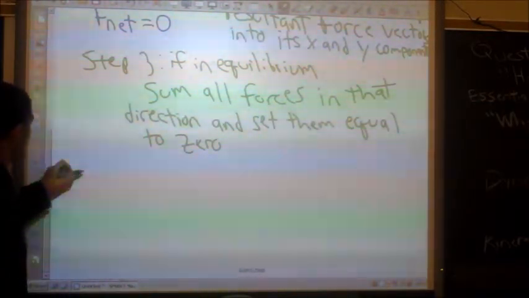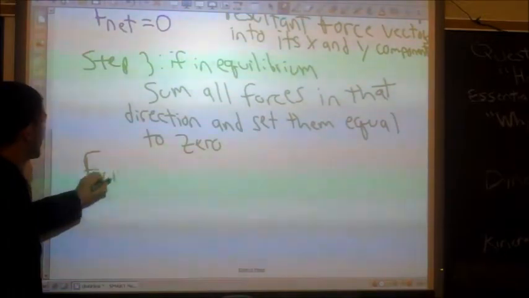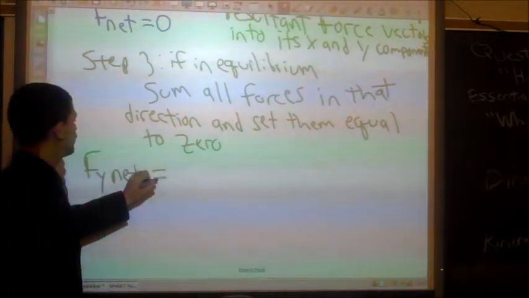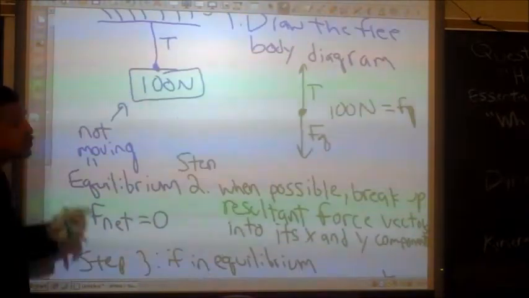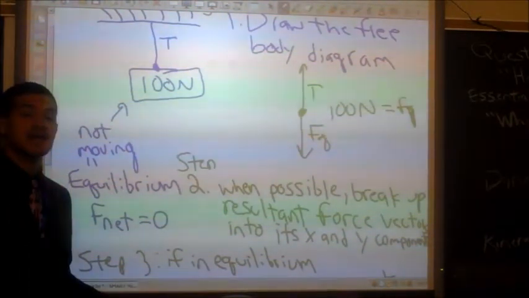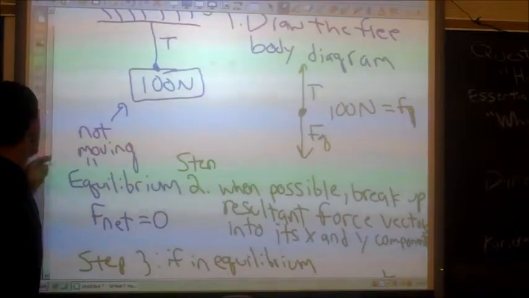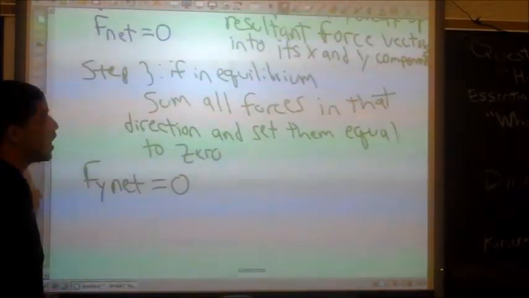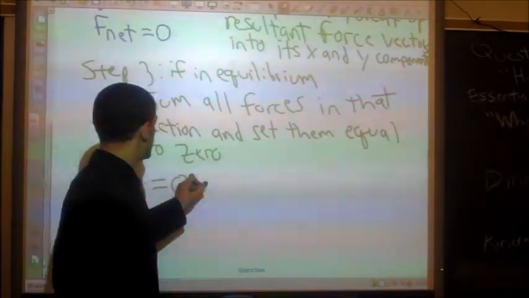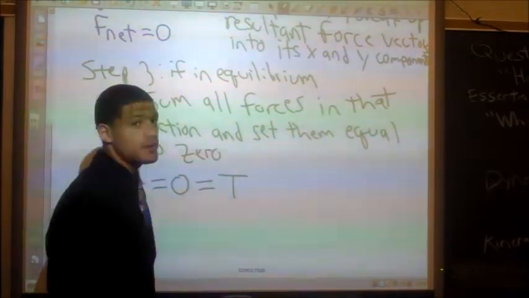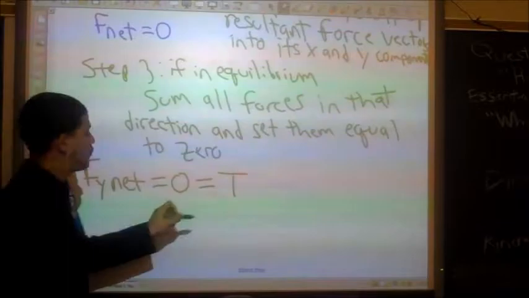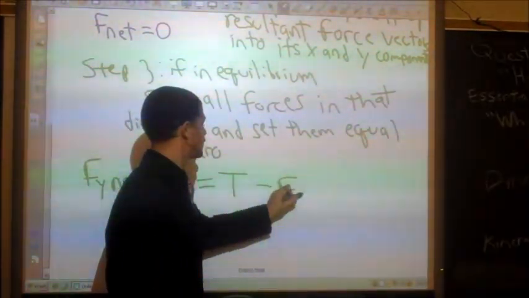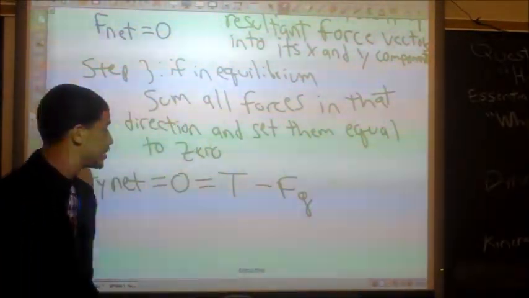In this case, I have F y net equal to 0. Looking at my free body diagram, I determine what forces are acting on my y. I have a tension force pulling up, and let's say up is positive. So this equals the tension force minus the force due to gravity because it's in the opposite direction.